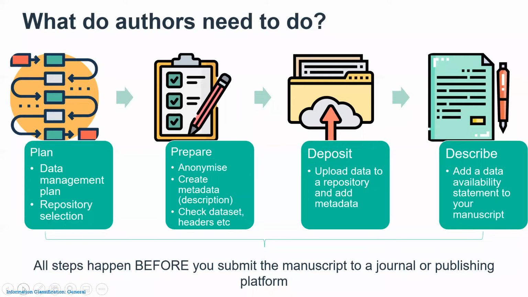Now, what do authors need to do? This is again important when you're thinking about how you can comply with the F1000 open data policy. It is also important to note some of the preparatory steps that you will need to take before you submit your article or even before you start your research.